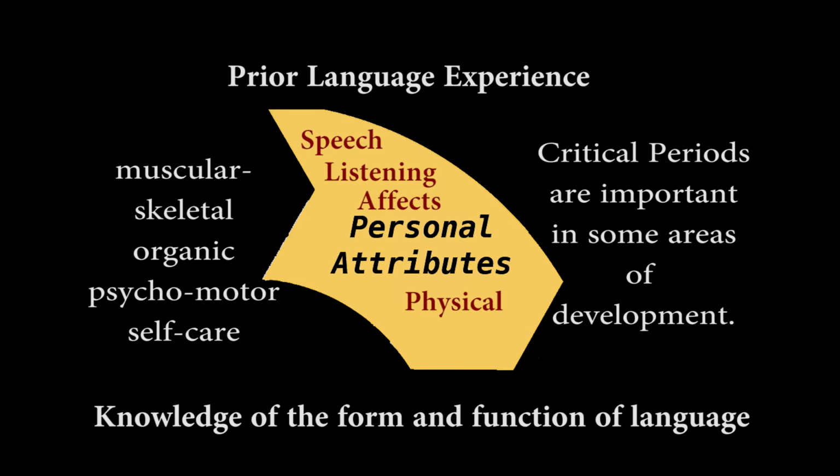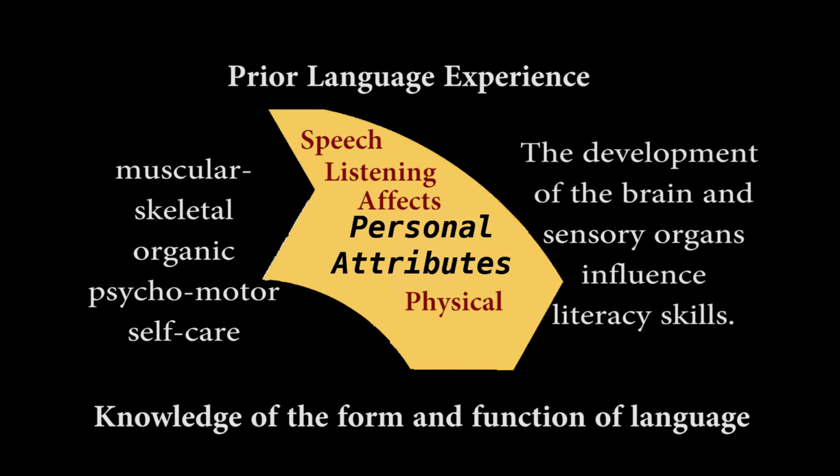Areas of physical development of particular importance to reading include the development of the brain and the sensory organs. The complexity of the reading process and the necessity for simultaneous responding to multiple stimuli requires a healthy brain, speech organs, eyes, and ears.